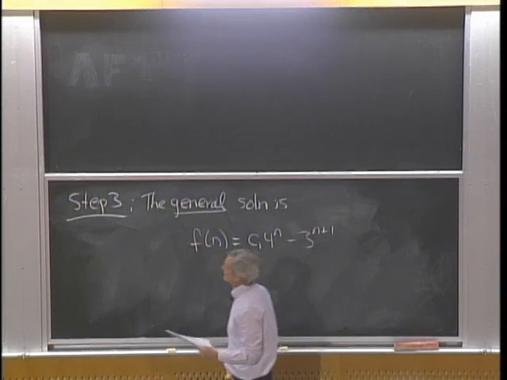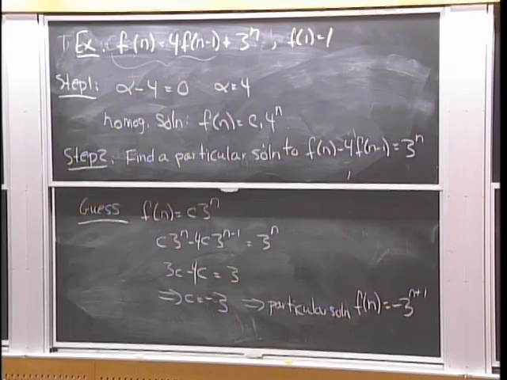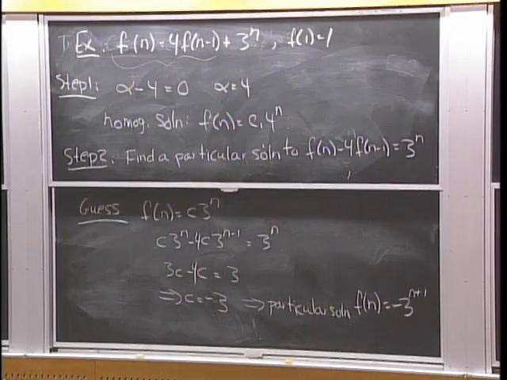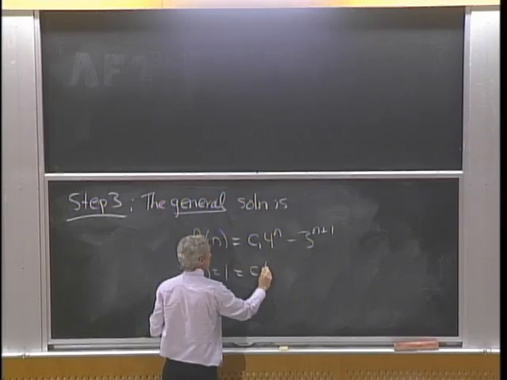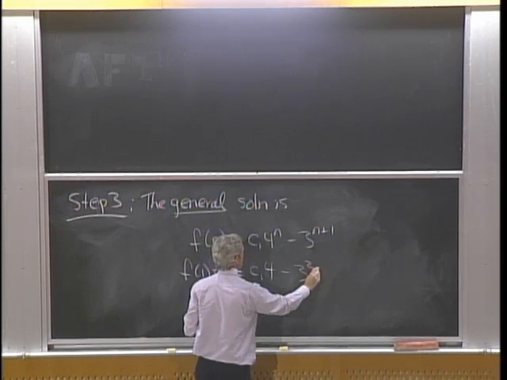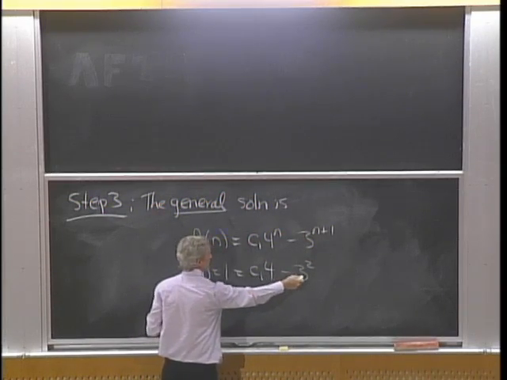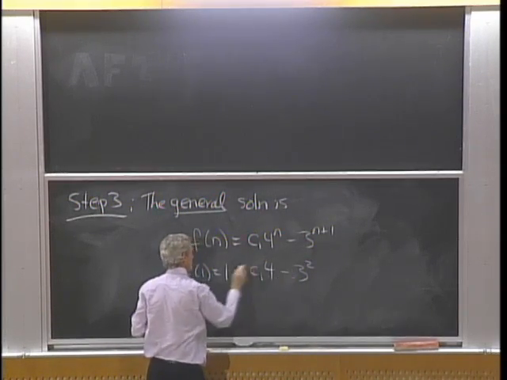And let's see, where was my boundary condition here? Up there. F of 1 is 1. So f of 1 equals 1. Plugging in 1 here, I get c1 times 4 to the 1 minus 3 squared. All right, so I have 4c1 minus 9. That put the 9 over here.